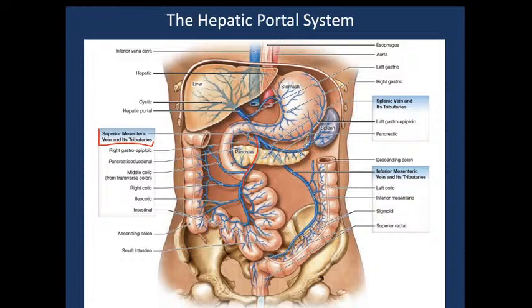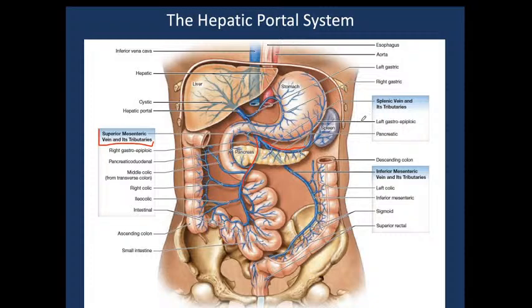The next tributary of the portal vein is the splenic vein and its tributary. The splenic vein collects blood from the inferior mesenteric vein. Usually, sometimes the inferior mesenteric vein empties into the splenic vein, but sometimes they have a different direction.